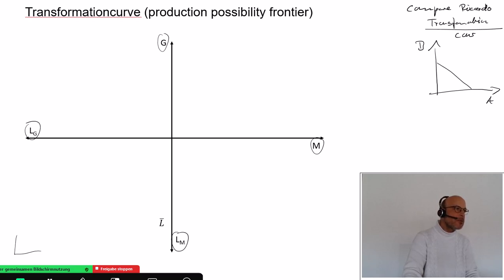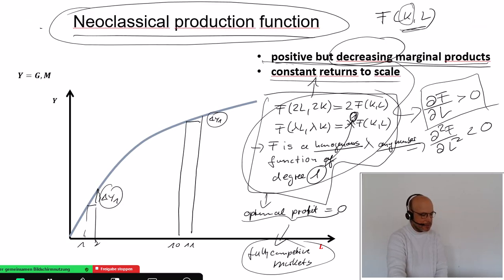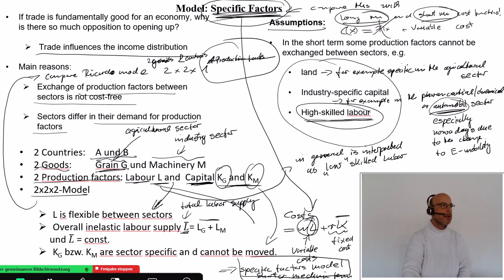And what we have assumed is that we have a total labor amount in our country given by L bar. So let's say in Germany, these are our 45 million people which have an age between 15 and 65, and this is our labor amount.